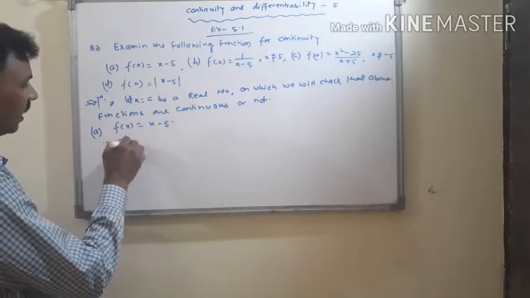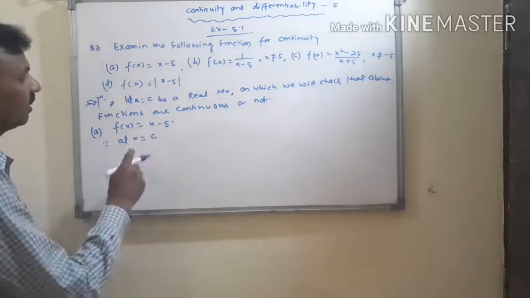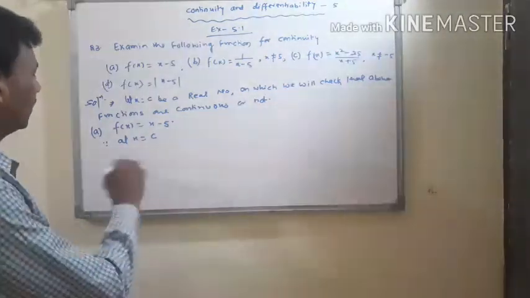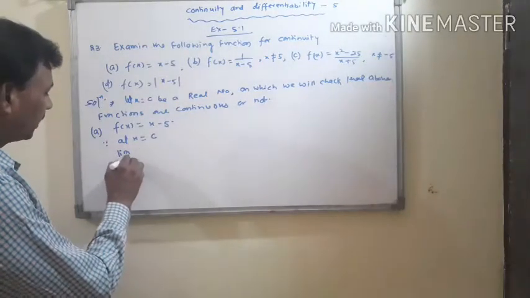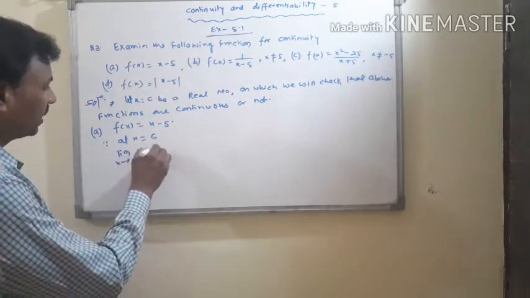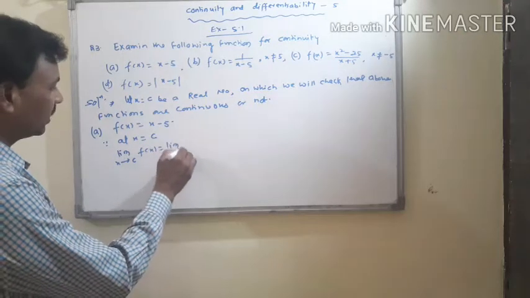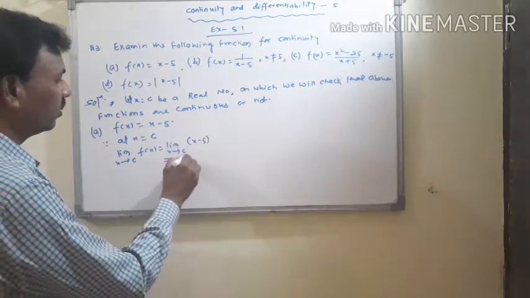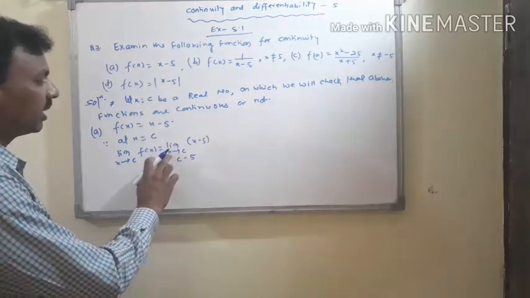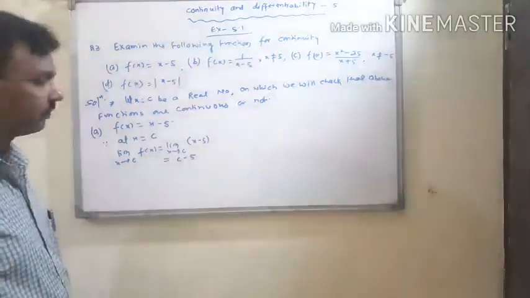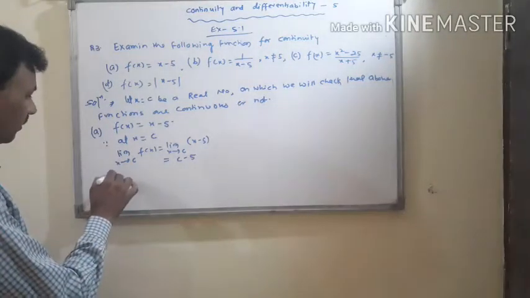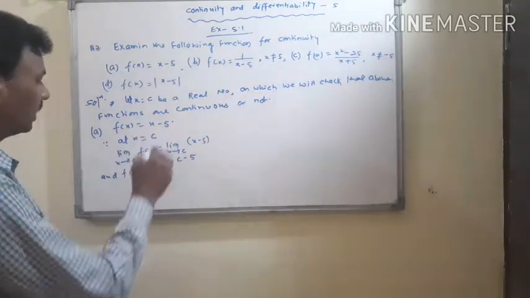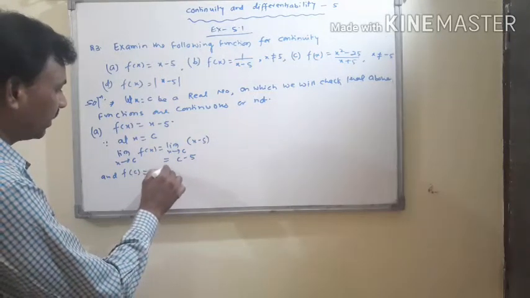At x equal to c, where c is a real number, limit x tends to c f of x equals limit x tends to c x minus 5, and this will be equal to c minus 5 when we transfer the limit in this function. And f of c, the value of this function at x equal to c, will also be c minus 5.